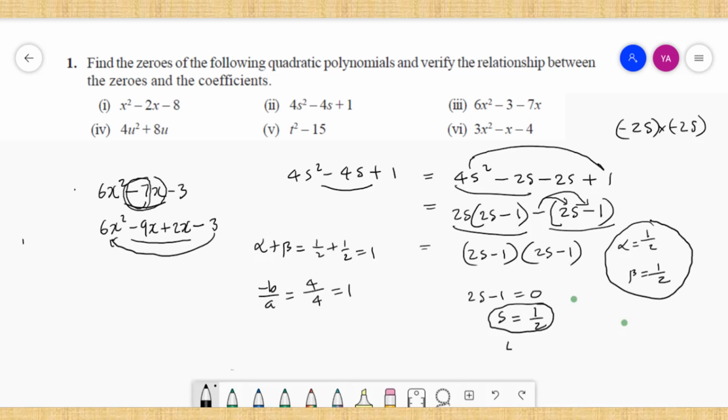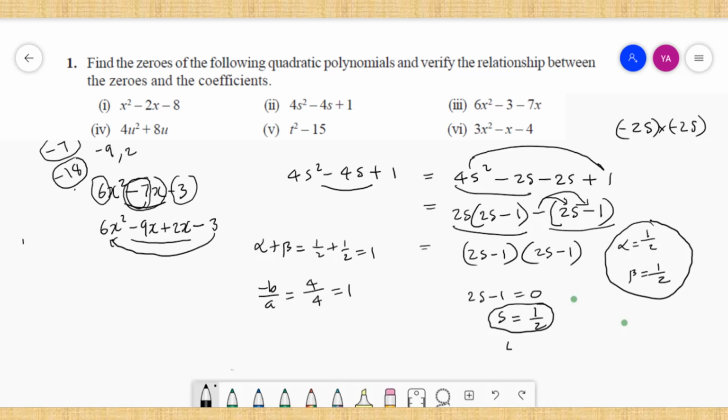The sum of the two numbers should be minus 7, and their product should be minus 3 into 6, that is minus 18. So try for such numbers. The sum is minus 7 and the product is minus 18, so the choice is minus 9 and 2.